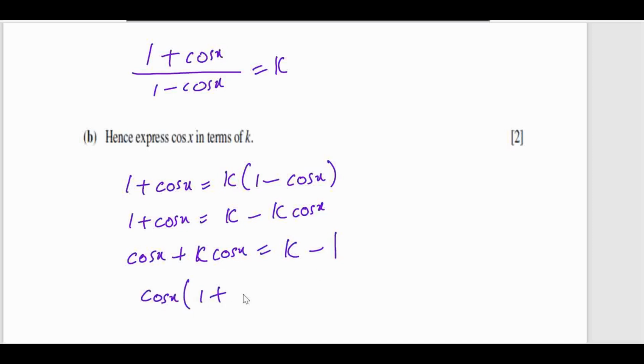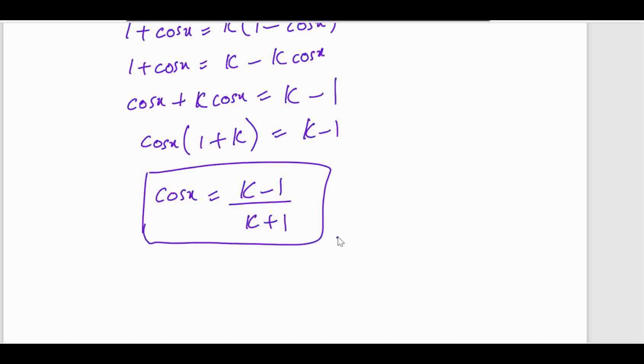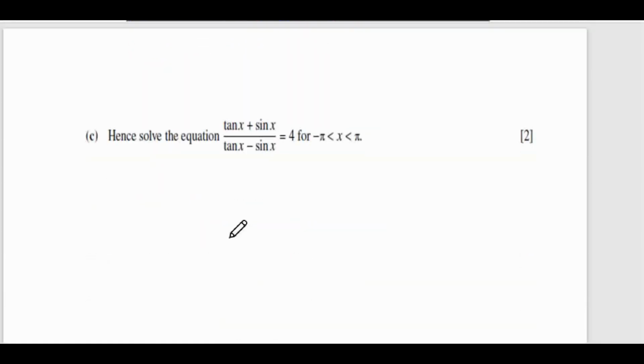This will be 1 plus k, is equal to k minus 1, and then cos of x, because we have to make cos of x the subject, so this will be equal to k minus 1 divided by k plus 1. So this will be the final answer. I hope that the concept is clear. Let's move to the next one.